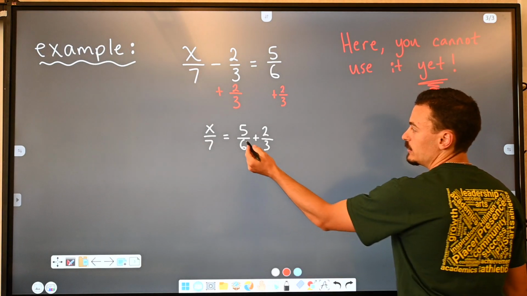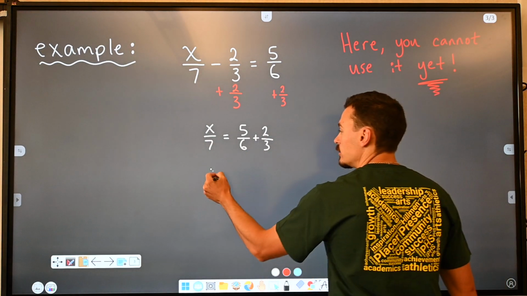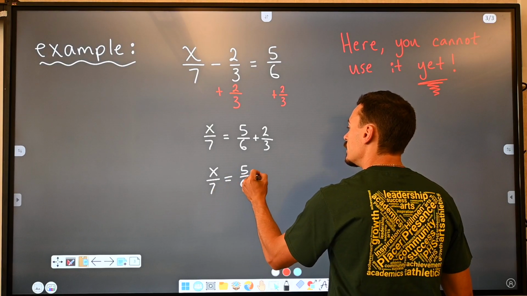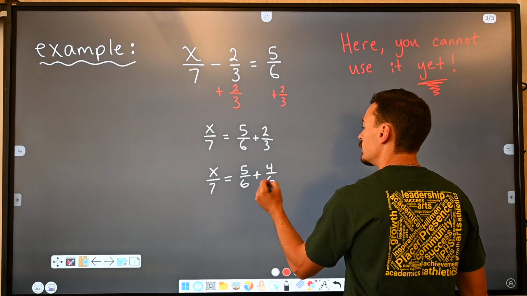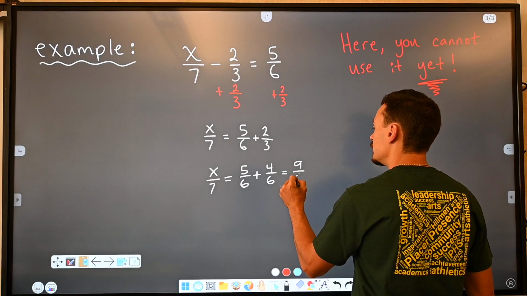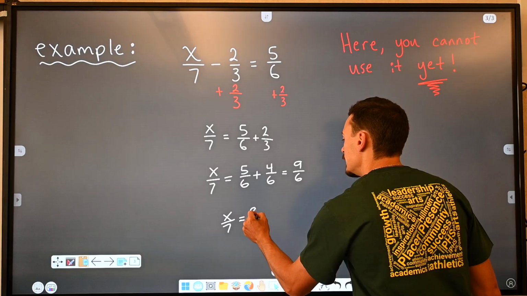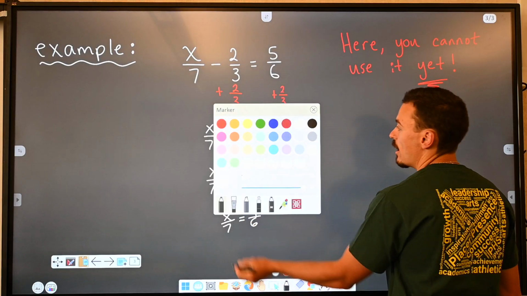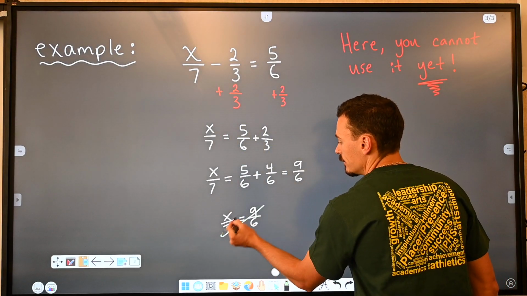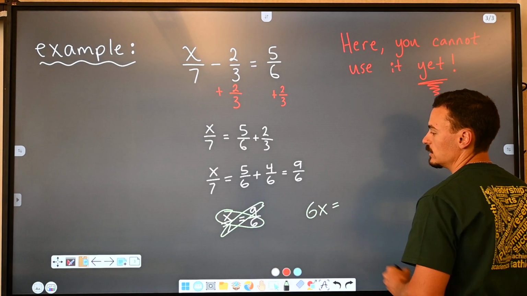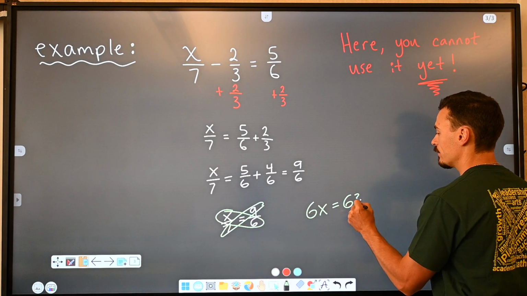Okay, and then we need to figure this addition out. So we have x over 7 equals 5/6 plus 4/6, which is 9/6. So we have x over 7 equals 9/6. Now I can cross multiply in green and get 6x equals 63.